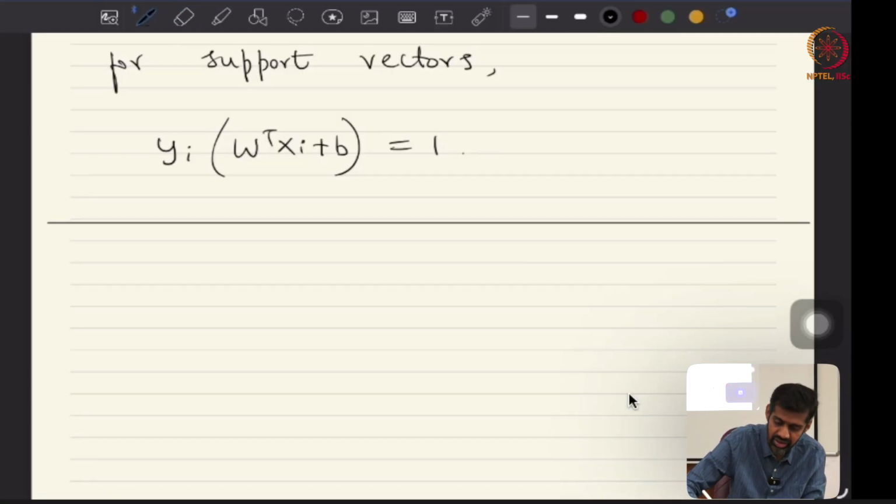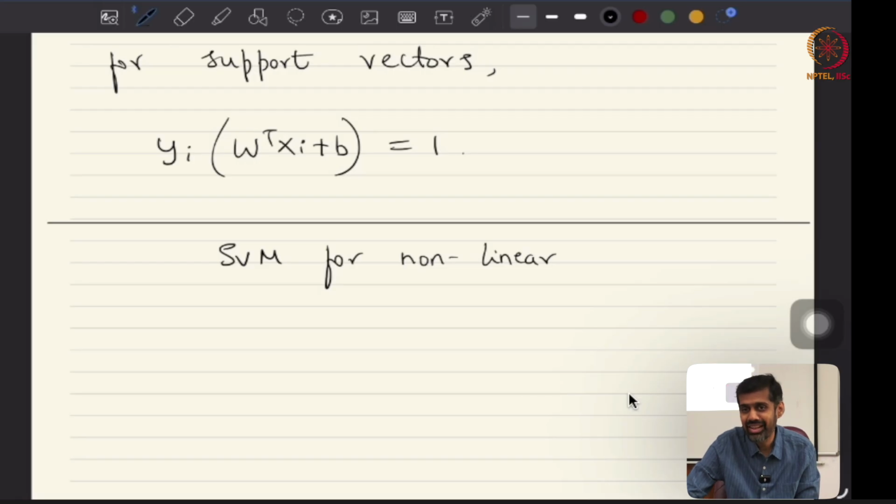Welcome to this class. So let us look at the case where the data is not linearly separable. SVM for non-linear separability doesn't mean that it is separable with a non-linear decision boundary.